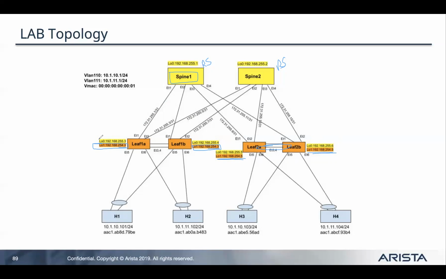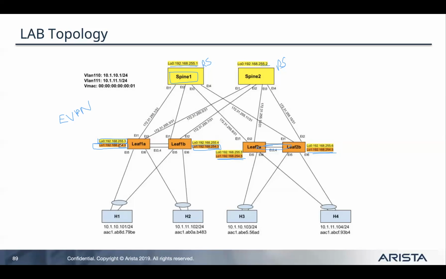Another, if you see in yellow, is another set of loopback IP addresses, used to establish EVPN neighborship. We are using these loopbacks to establish EVPN neighborship, so they are different on each of the devices. Starting with the spine, it's all Loopback 0 used. So spine 1 is 255.1, spine 2 is 255.2.